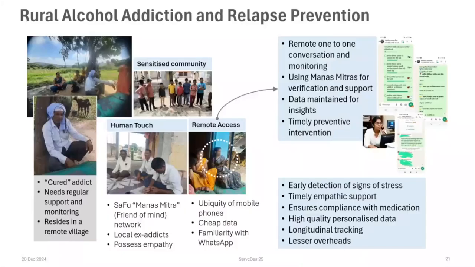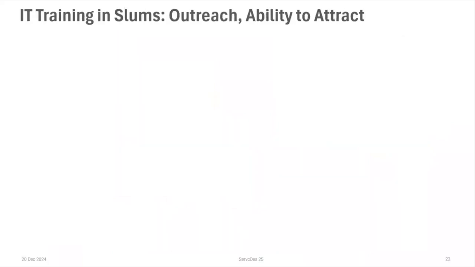Early signs of stress are getting identified. Both remote plus on-site support through a human touch is possible. So this was one of the projects within Code which we took forward. And when I say we, always interpret that as Safu and us together.